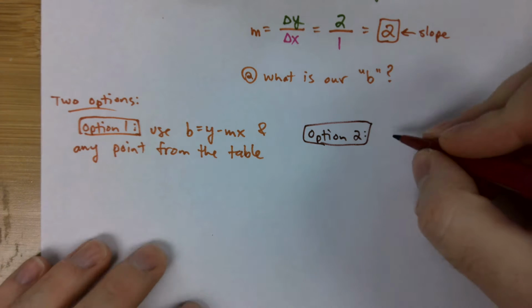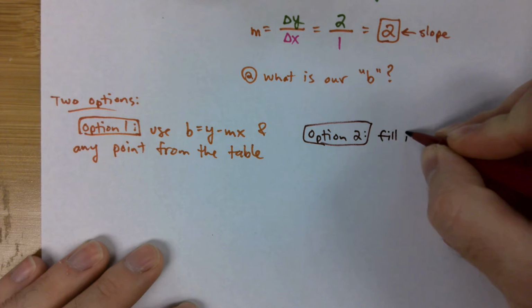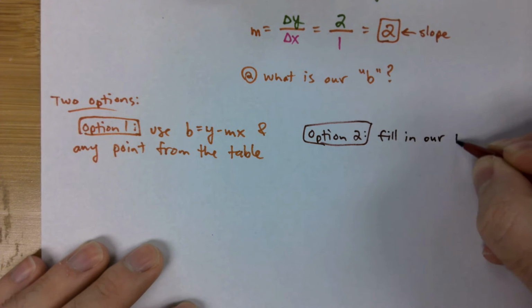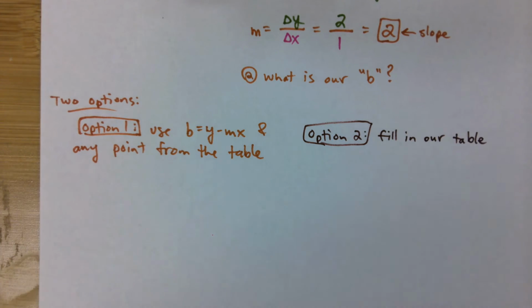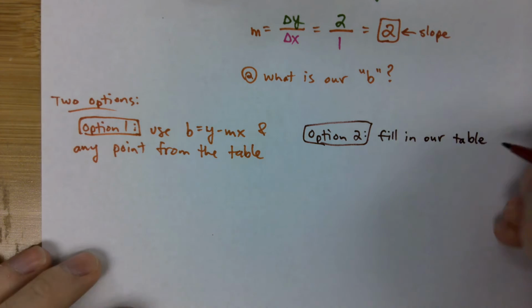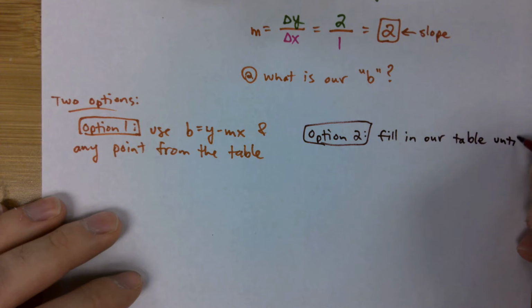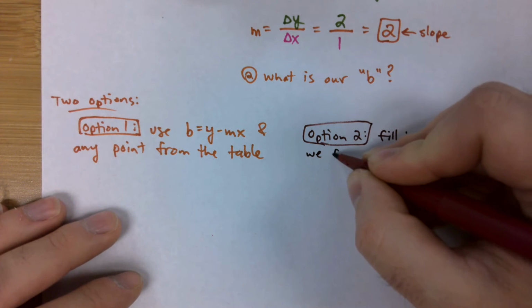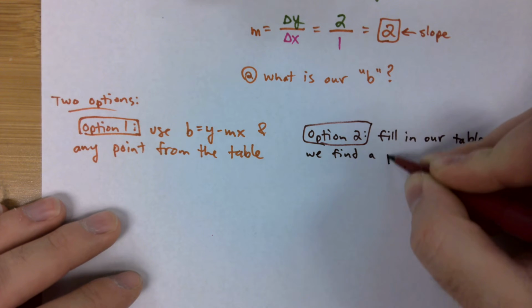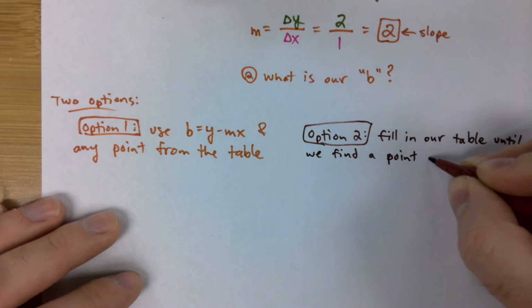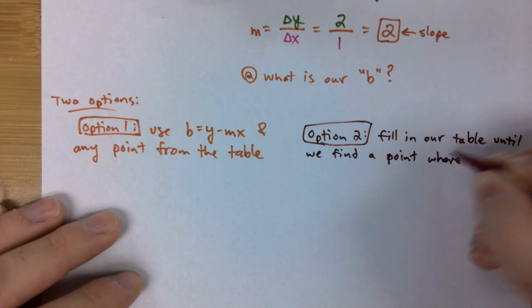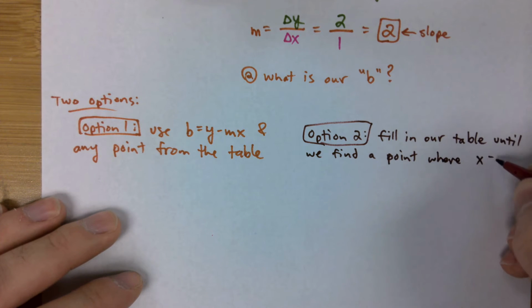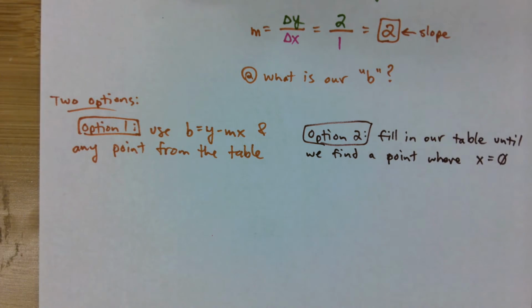The second option we can do is we can fill in our table. If we want to go for the not so mathematical approach, we can fill in our table until we find a point where x is equal to 0.